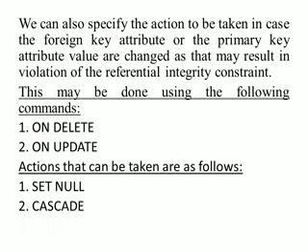The second is cascade, and the third is restrict. So for the purpose of the referential integrity constraint not to get violated, we have two commands, on delete and on update. There are three actions that can be performed: set null, cascade, and restrict. So let us see the first one, that is set null.